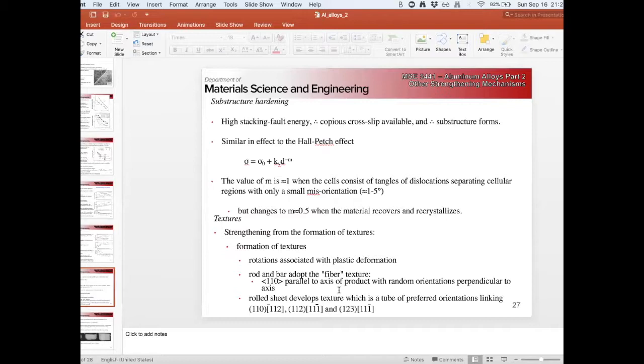What happens on deformation talks about how your textures evolve. How your textures evolve gives you anisotropy in the properties and the performance of your finished product. It's all tied together, and you can't necessarily separate out one from the other. But just think a little bit about the big picture. That's kind of what I wanted to get across with these last couple.